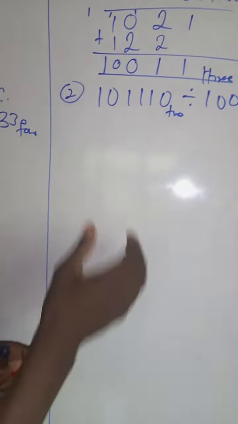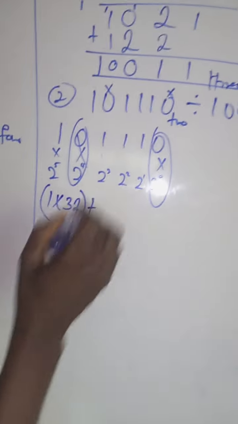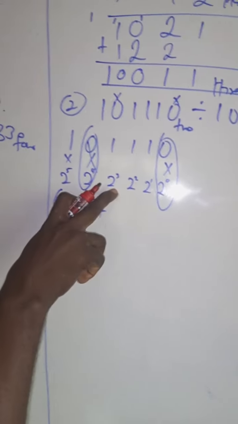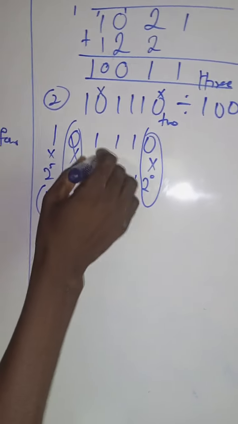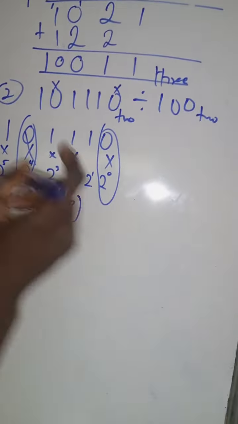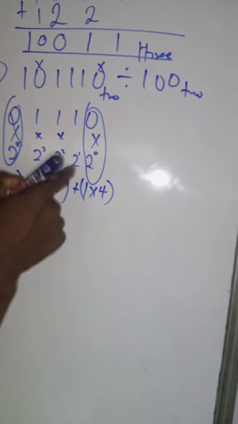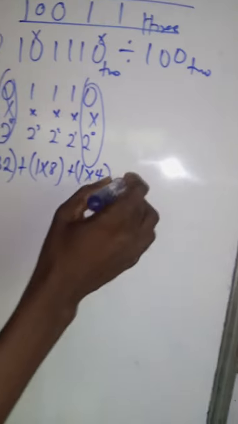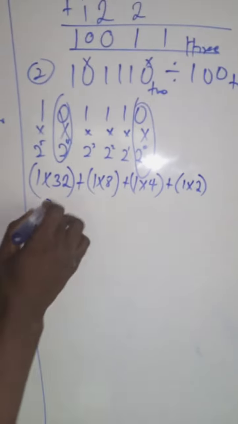So it's going to be 1 times 32 plus 1 times 8, plus 1 times 4, plus 1 times 2.